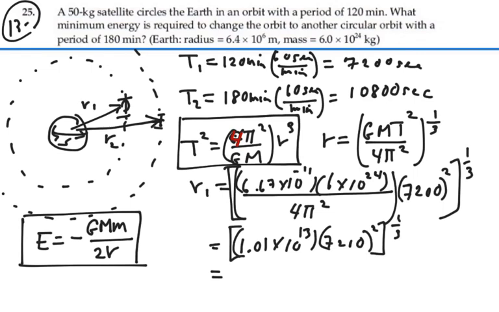I get 8.07 times 10 to the 6 meters. So that is my R1. My R2 is going to equal 1.01 times 10 to the 13 times T squared, all to the 1/3 power.